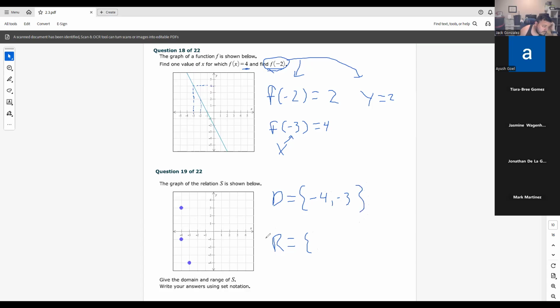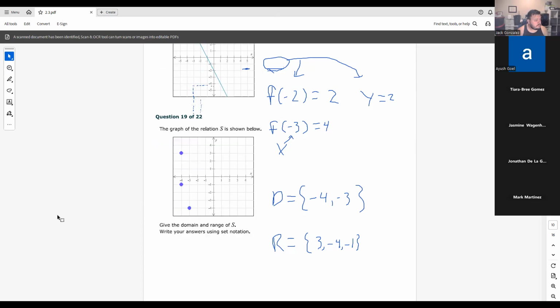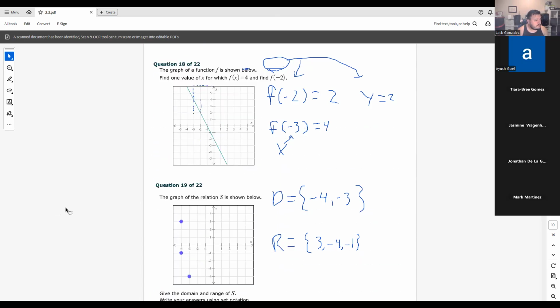And then the range are all the y values. What are the y values? What do you think? 3, -4, but we also got -1, right? Okay. Any questions on 19 or 20?